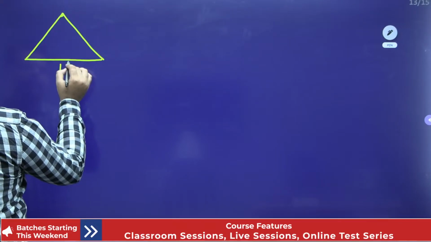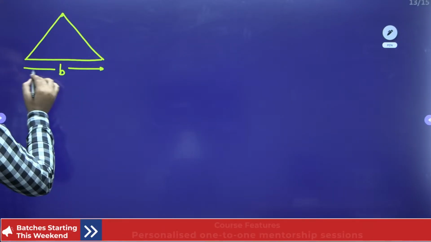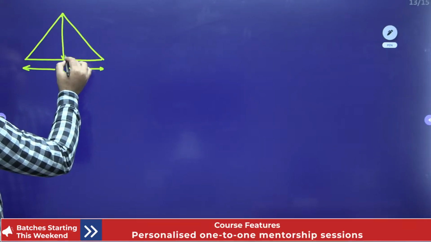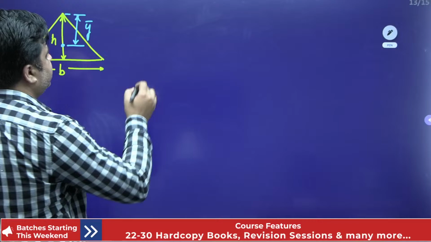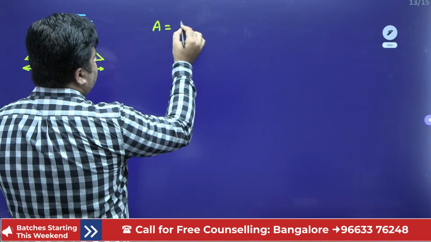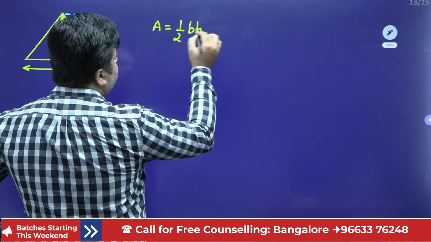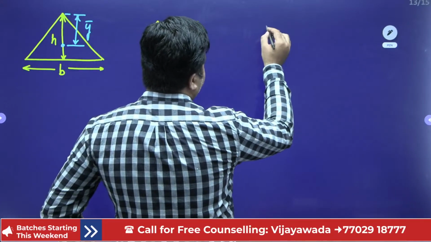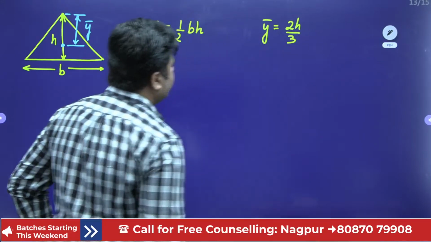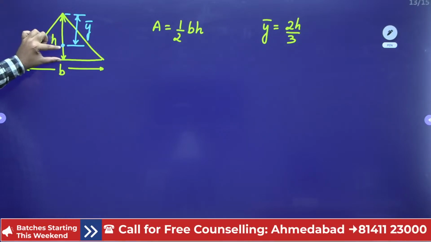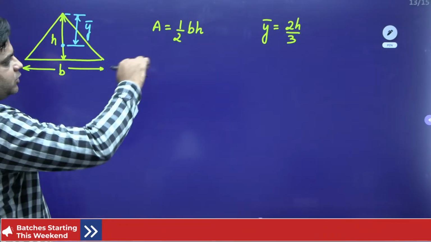Base is B and height is H. This is the position of CG, and this CG is Y bar. Area is half base into height. Then your CG, Y bar, is equal to 2H by 3 from the top. So this will be H by 3 from the base.